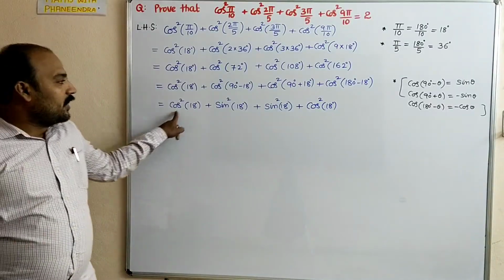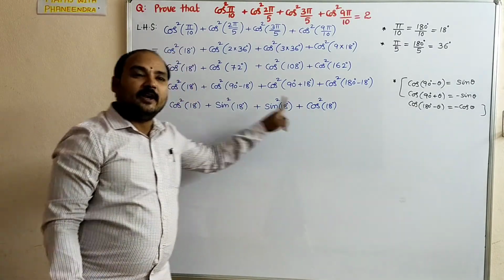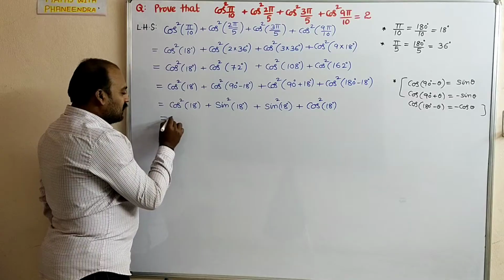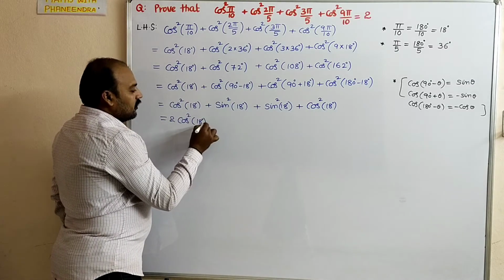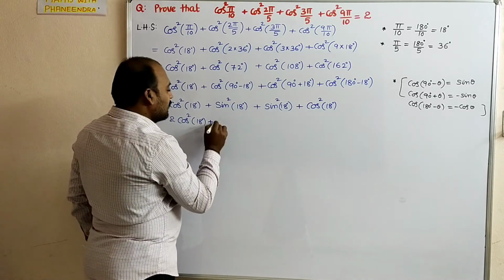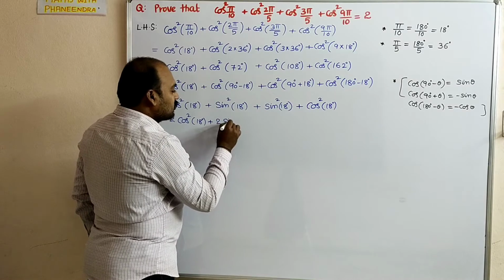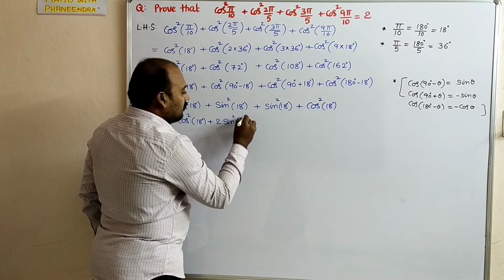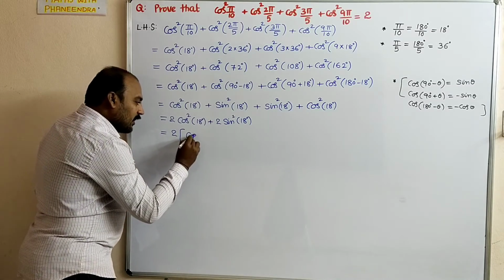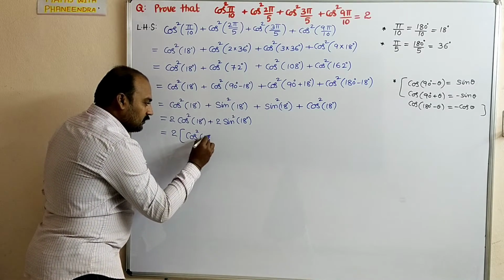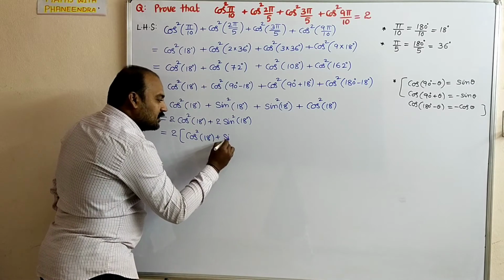So cos square 18 plus cos square 18 is 2 times cos square 18, plus sin square 18 plus sin square 18, 2 times sin square 18. Taking 2 common, cos square 18 plus sin square 18.